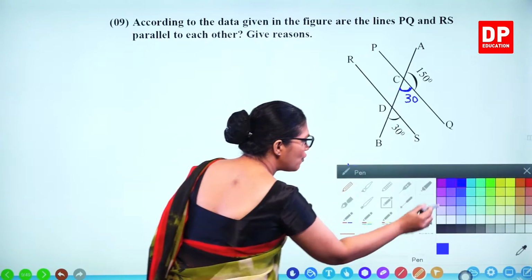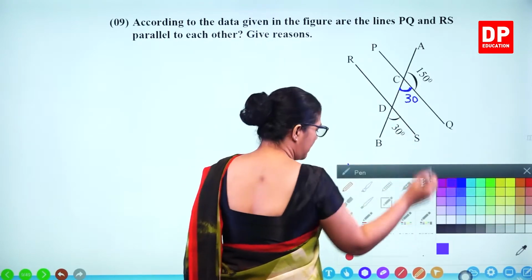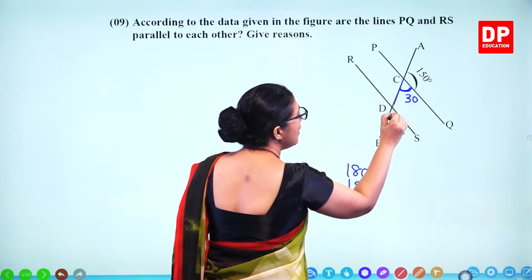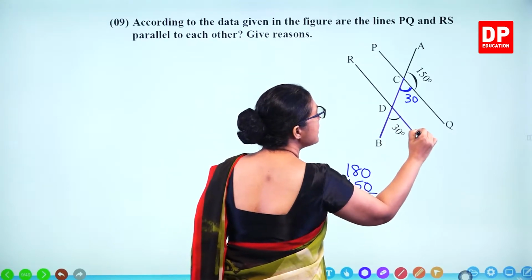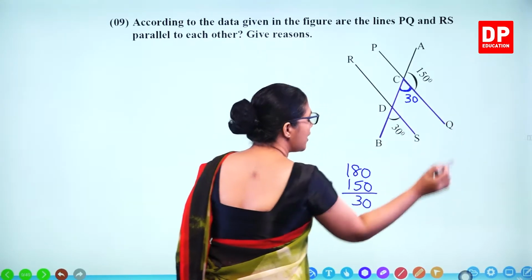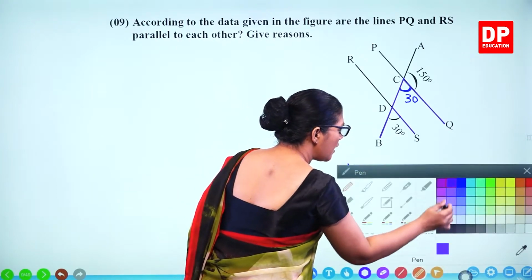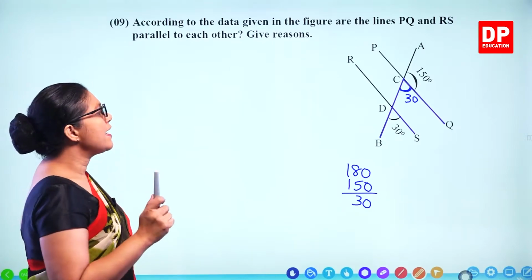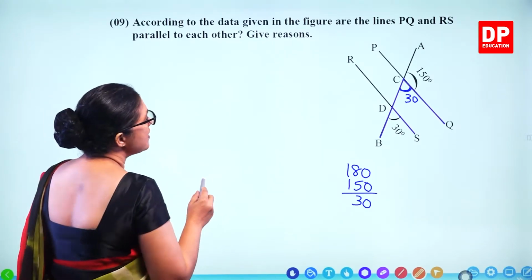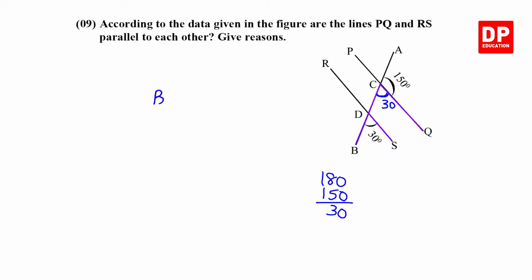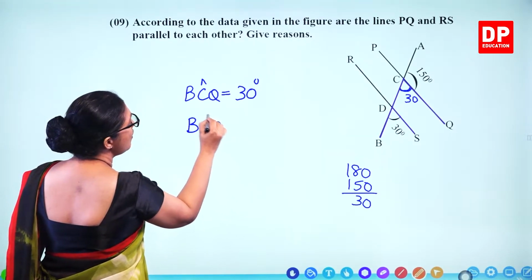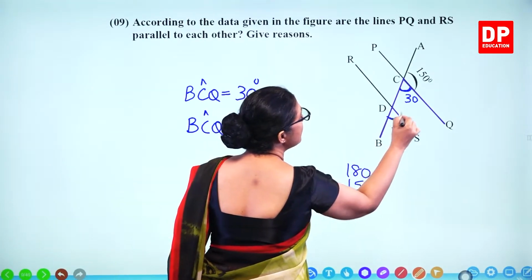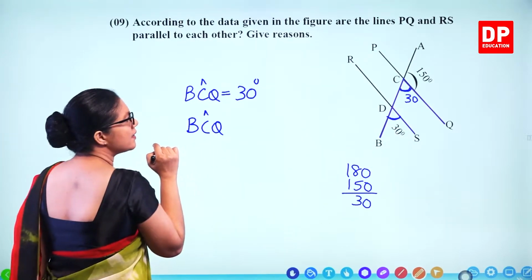Now look at carefully this angle, F letter angle. What can you say about F letter angles? They are equal. That means the two lines are parallel, corresponding angles are equal. So you can say BCQ angle is 30 degrees. Therefore, BCQ angle, this angle and this angle both are equal, 30 degrees.